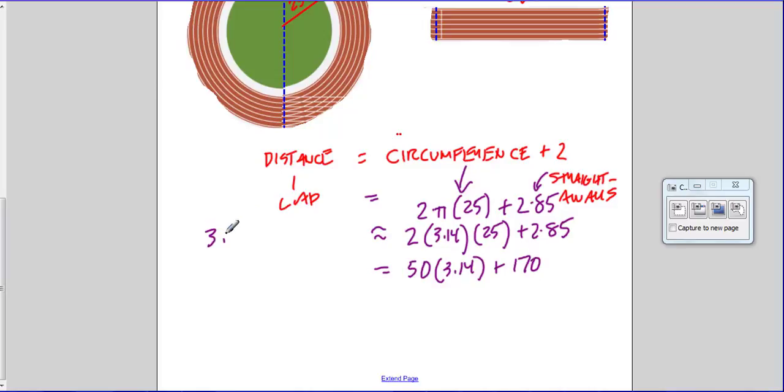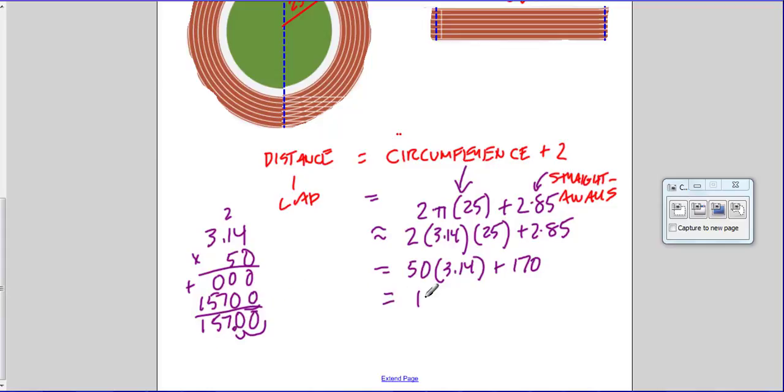Well, off to the side here, 3.14 times 50. First row is all zeros. Add a placeholder 0 for the second row. 4 times 5 is 20. Carry the 2. 1 times 5 is 5, plus 2 is 7. 3 times 5 is 15. So now I add the columns, and I get 15700, but I have to move the decimal point 2 places to the left, so I get 157.